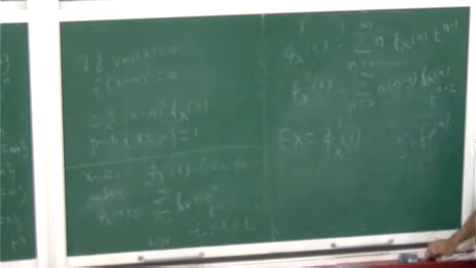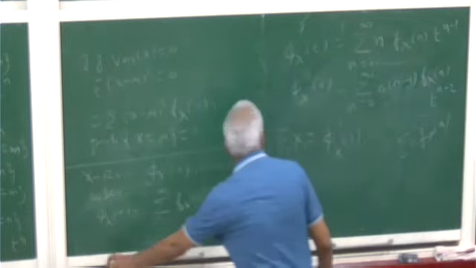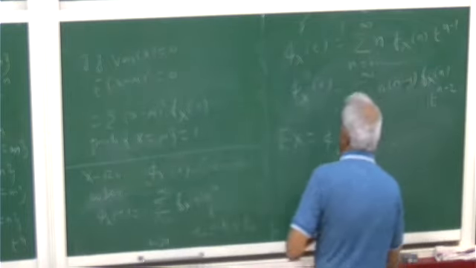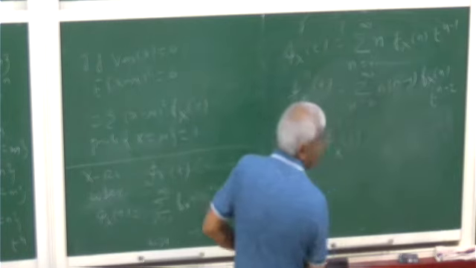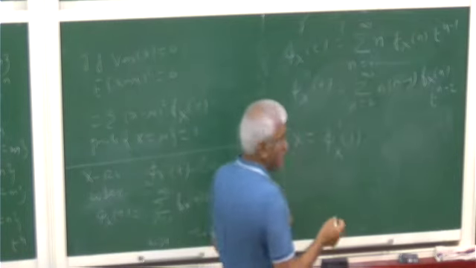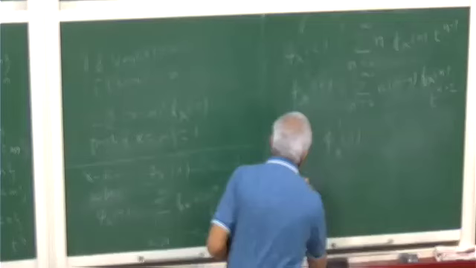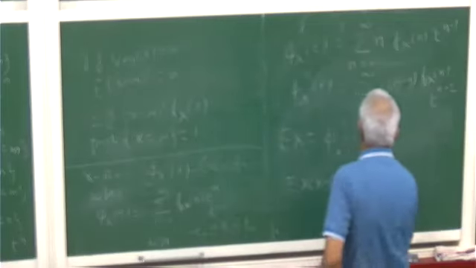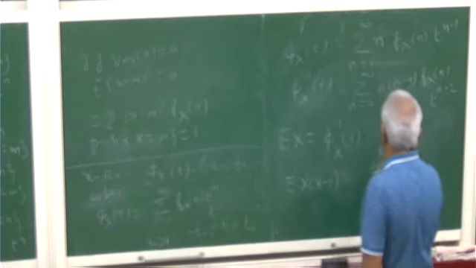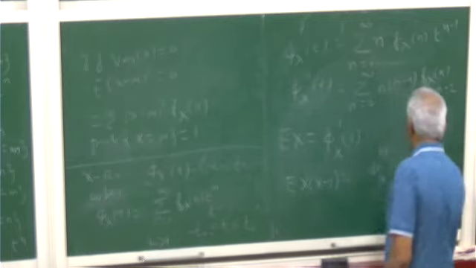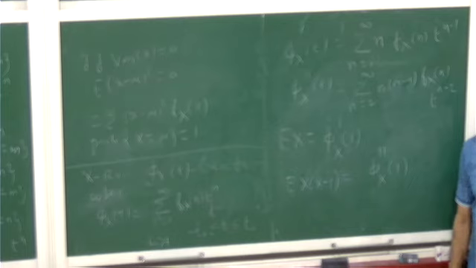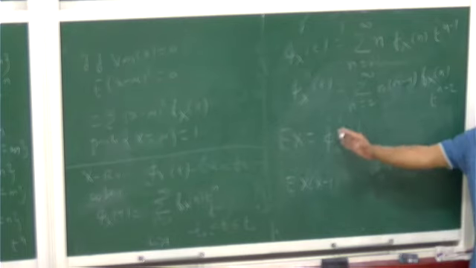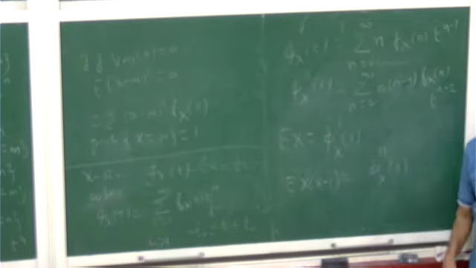Similarly, this is n into n minus 1, which is the formula we have used. So expectation of X into X minus 1 is equal to phi X double prime at 1. So we have got these two formulas from the moment generating function.